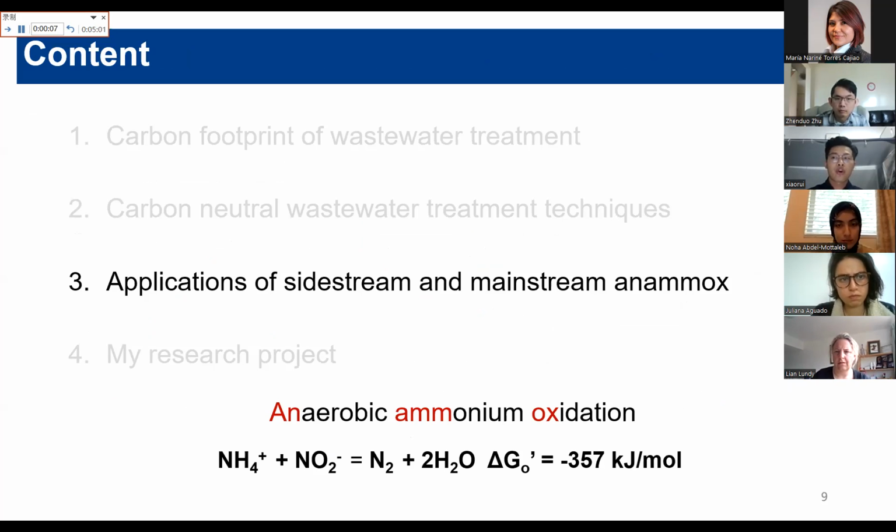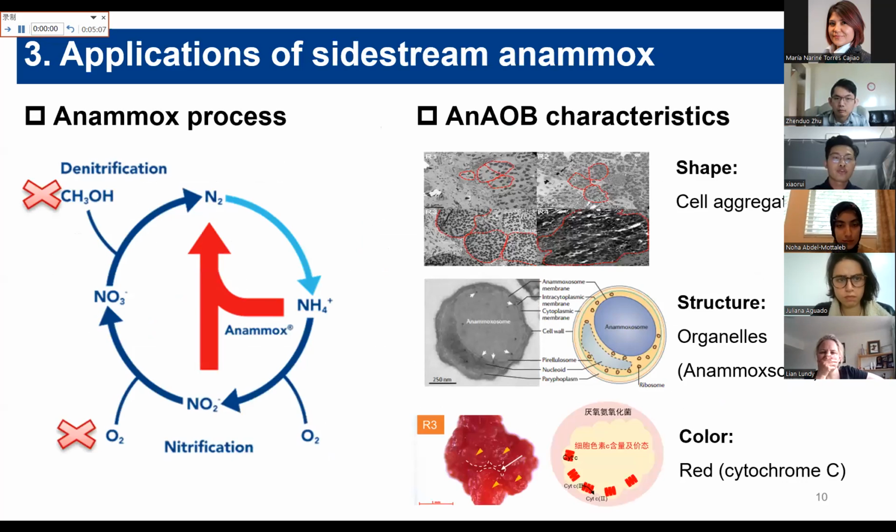Anammox, which is called anaerobic ammonia oxidation, is a novel bioprocess for nitrogen transformation, different from nitrification and denitrification. Anammox bacteria can directly transform ammonia and nitrite into nitrogen. And these special bacteria also exert unique characteristics.